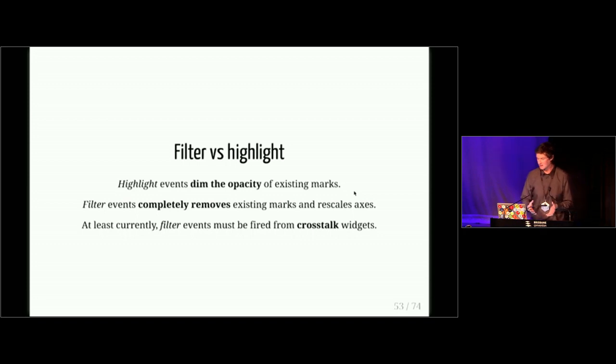With the highlight events, you dim the opacity of the existing markers and then bring in the new data that you've queried. But with the filter events, instead of dimming the opacity, it completely removes the data that you haven't selected, brings in the new data and rescales the axes for you.